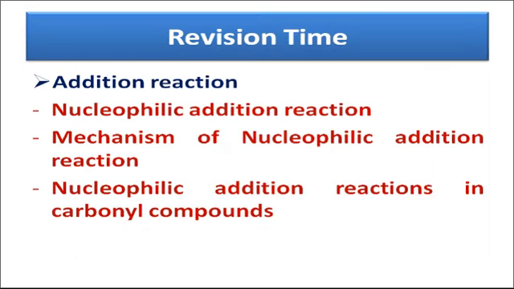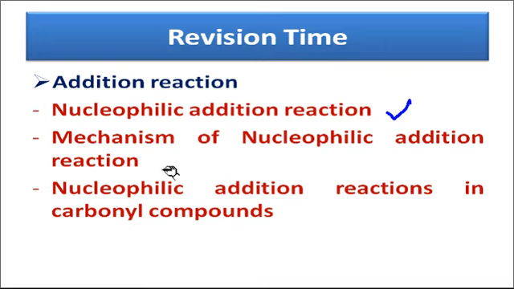Now, what we have learned today, let us revise all these things. Today we continued with the addition reaction and started with the nucleophilic addition reaction. These are the reactions in which the nucleophile attacks the electrophilic carbon center. Nucleophilic addition reactions are the characteristic reactions of carbonyl compounds. Carbonyl compounds are the ketones and the aldehydes.